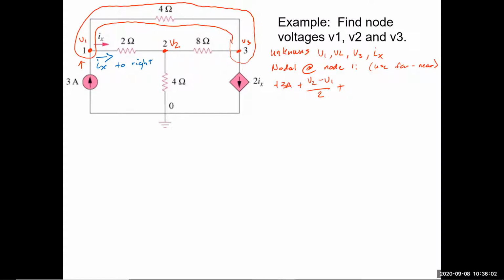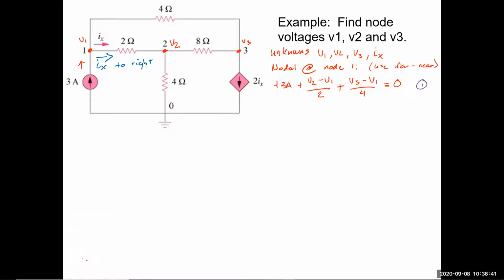Even though V3 is way over there on the other side of the circuit, it's still connected to V1 through that 4 ohm resistor. So make sure you look around the circuit to identify all the nodes that are connected.